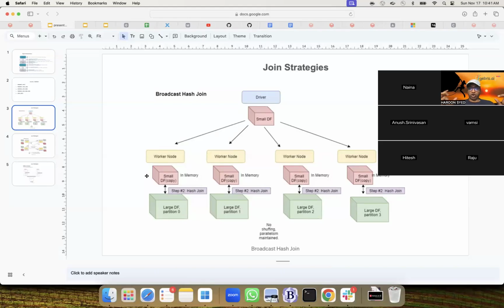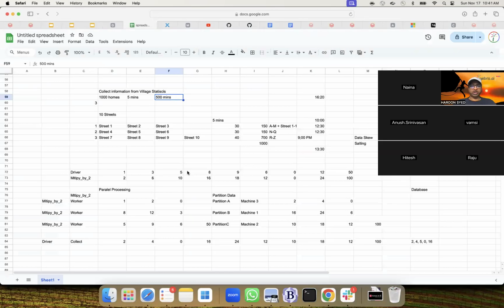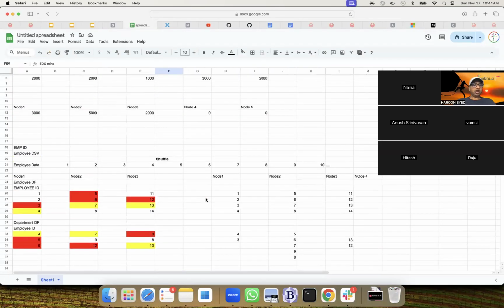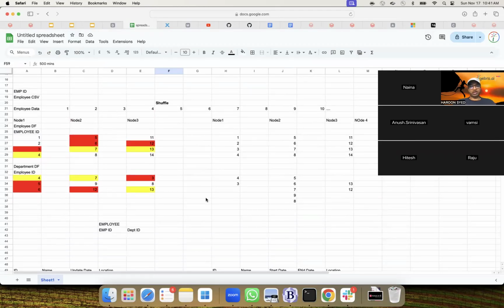If one table is small and one table is big, and the small table can fit entirely into the memory of the worker nodes, instead of splitting the data, it will just ship the entire table to each of the workers. I think we should come back here later. Let us first go through here and see how the data looks.